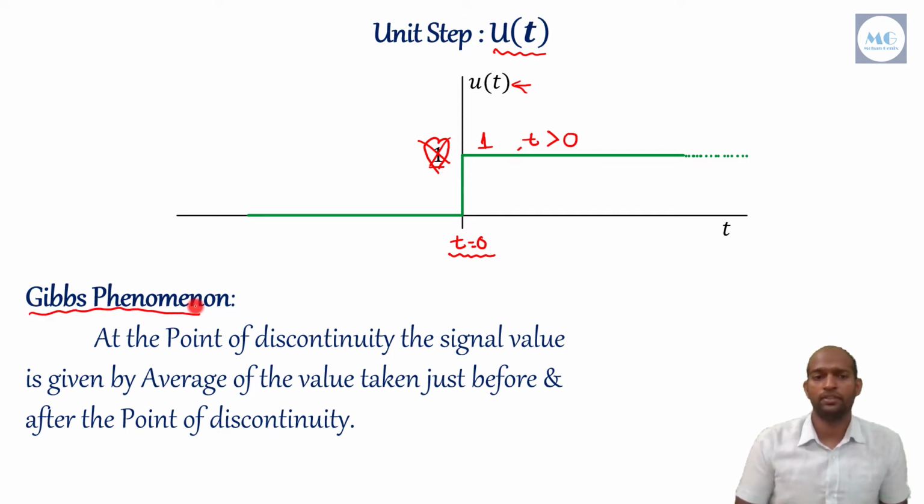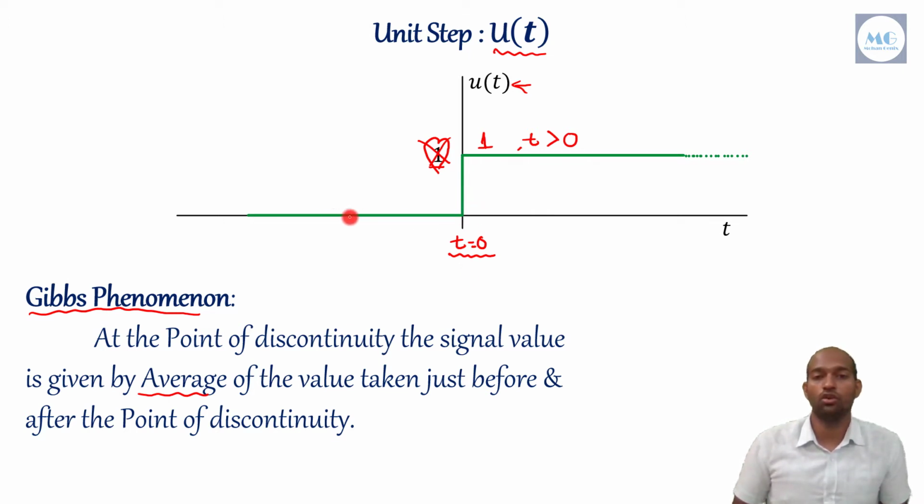According to Gibbs, at a point of discontinuity, the signal value is given by the average of the values taken just before and after the point of discontinuity. This means, which is the point of discontinuity in this case?